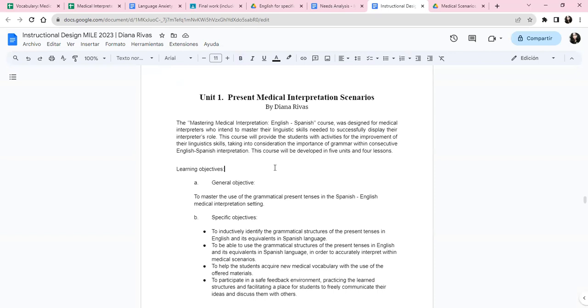This course will provide the students with activities for the improvement of their linguistic skills, taking into consideration the importance of grammar within consecutive English-Spanish interpretation. And this course will be developed in 5 units and 4 lessons.